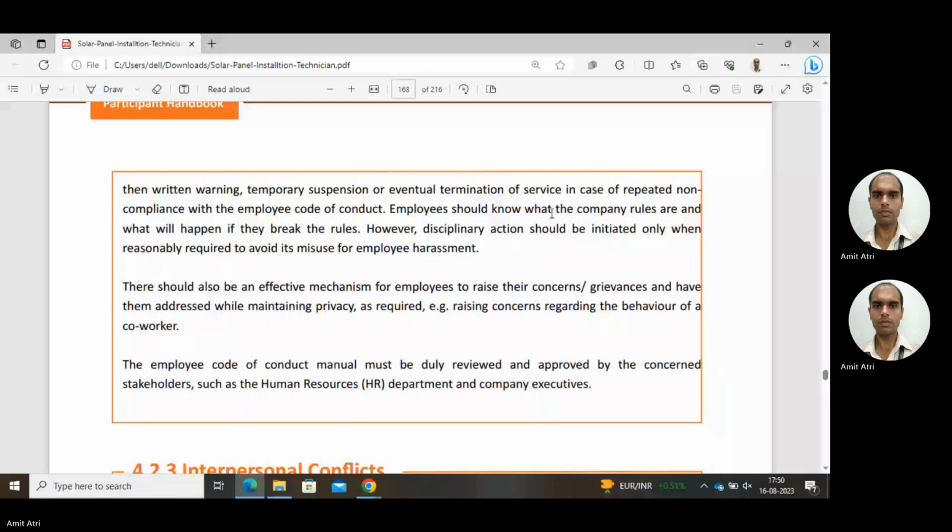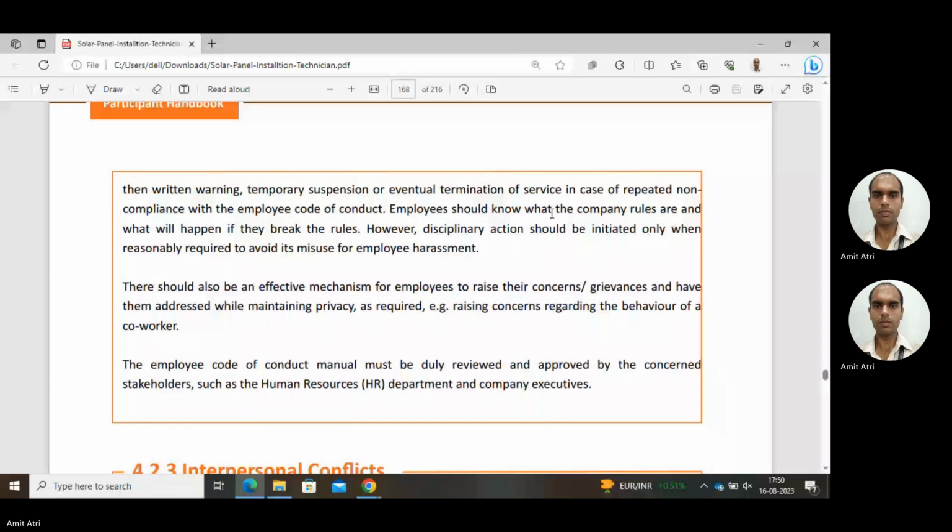However, disciplinary action should be initiated only when reasonably required, to avoid its misuse for employee harassment. We should also be careful that the power given to the senior authorities for disciplinary action against offenders should not be misused. We should also take care of this.